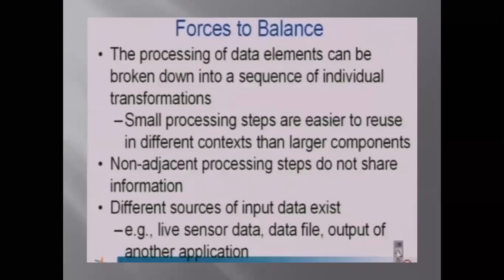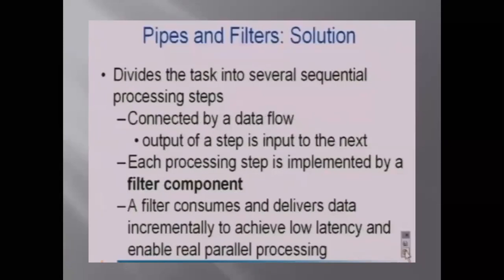The next thing is the solution, how we'll be doing this. We divide the task into several sequential processing steps, as we have already seen in the forces. We divide the task into different processing steps connected by a data flow. The output of a step is the input to the next.